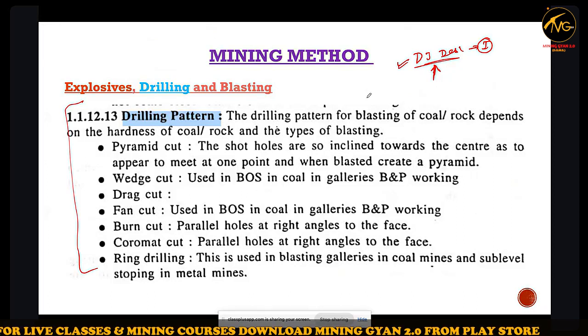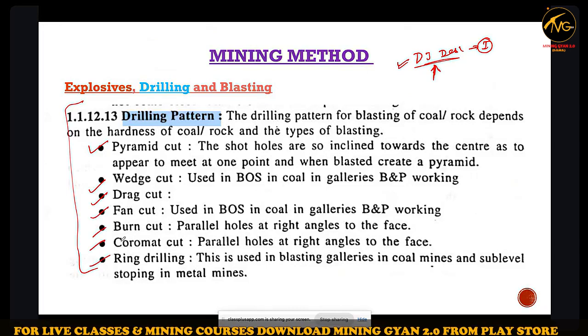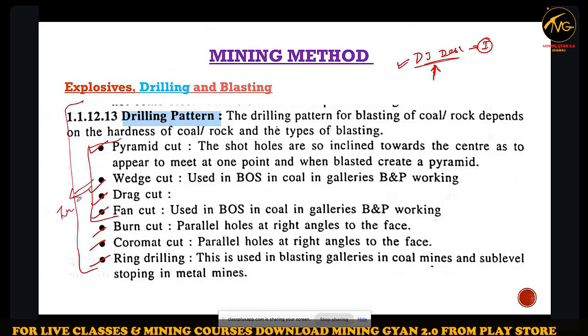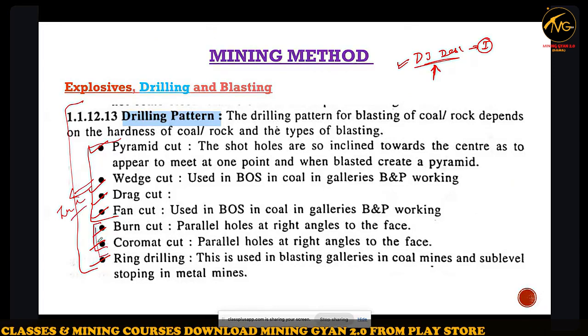So drilling patterns are various types like pyramid cut, wedge cut, drag cut, fan cut, burn cut, coromant cut, or ring drill. What he has mentioned is that pyramid, wedge, drag, fan use inclined drilling. Burn and coromant use parallel holes.